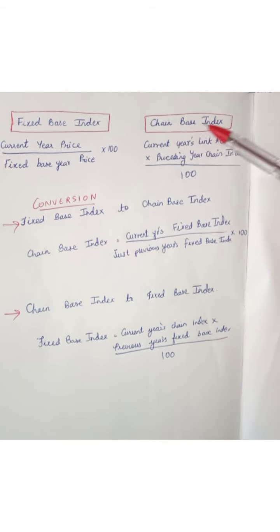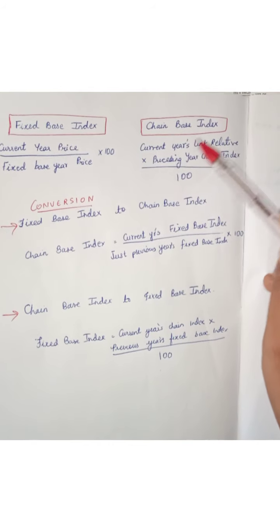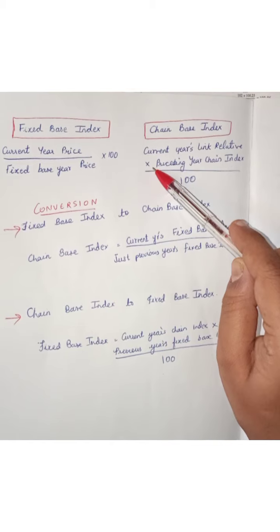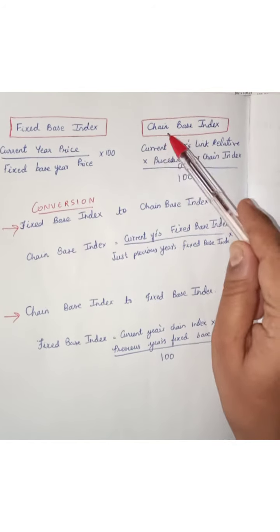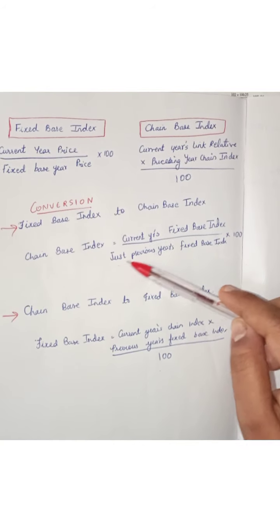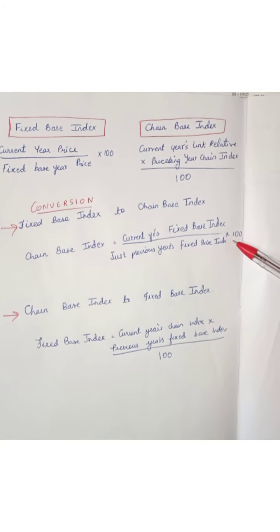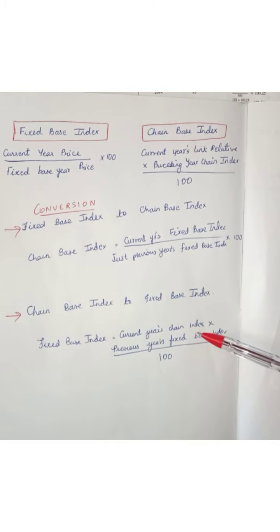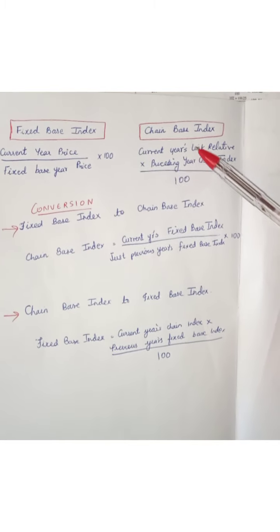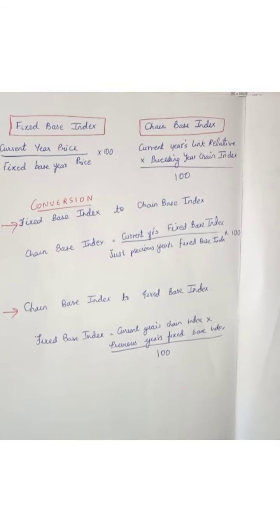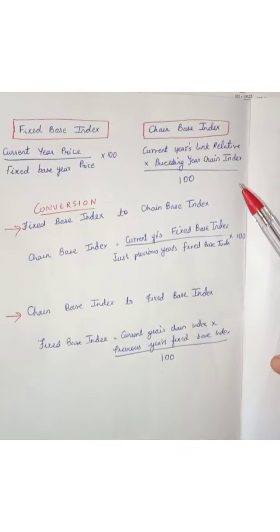Similarly, for chain base index we had two terms, link relative into preceding year, which is multiplication. What happens in the conversion? For chain base conversion, multiplication converts into division by 100. So whatever was in divisional form we multiply, and whatever was in multiplication form we divide. This is how we convert from one index to another index.